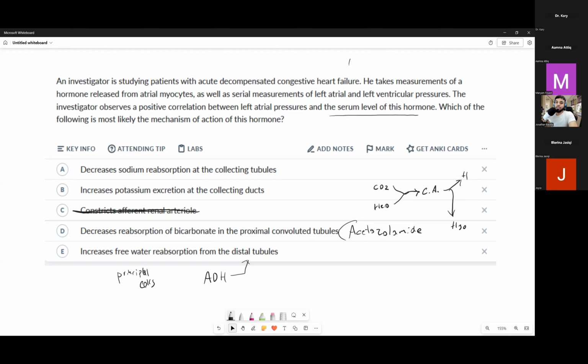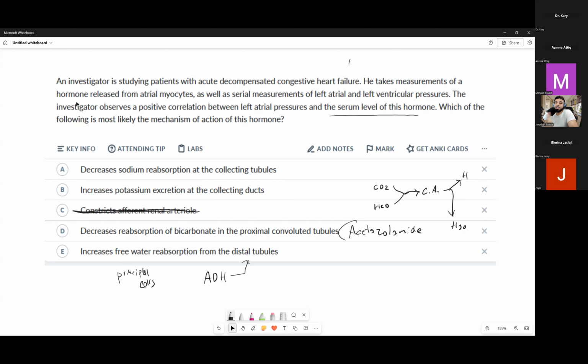Here, the action we are trying to achieve is to minimize the extra volume that the patient has. You're trying to decrease your preload, to minimize the excessive amount of preload in the body. So any answer that tells you an increase of volume is definitely going to be the wrong answer.